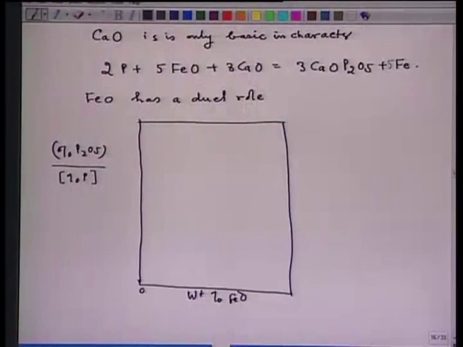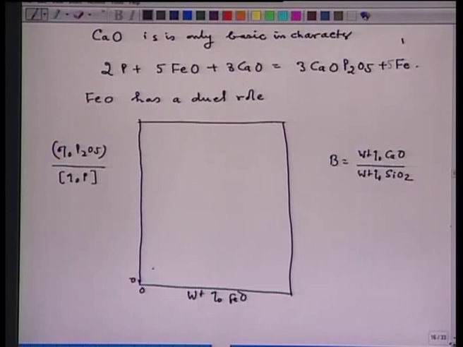What I am plotting is the dephosphorization index as a function of weight percent FeO, and as a function of basicity. Here it is 0, here it is 0. Basicity is defined as B, that is equal to weight percent CaO upon weight percent SiO2.